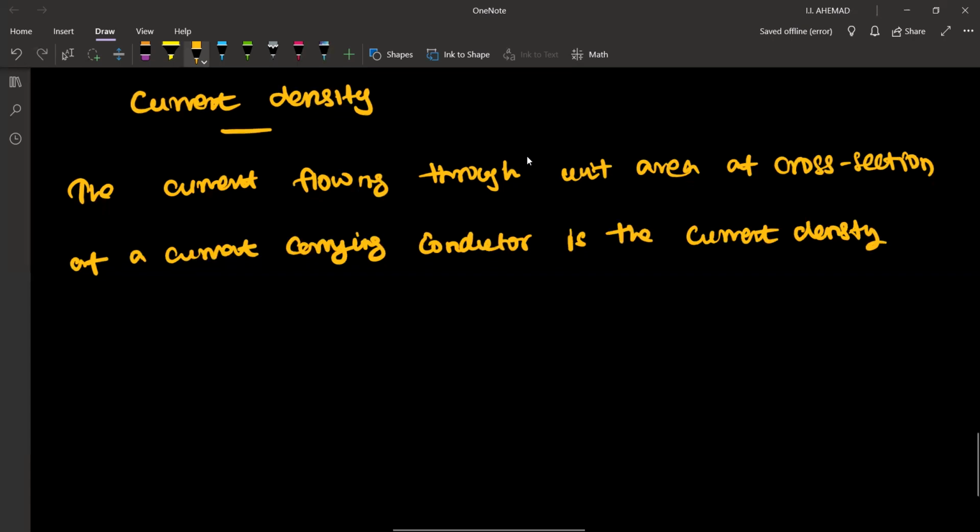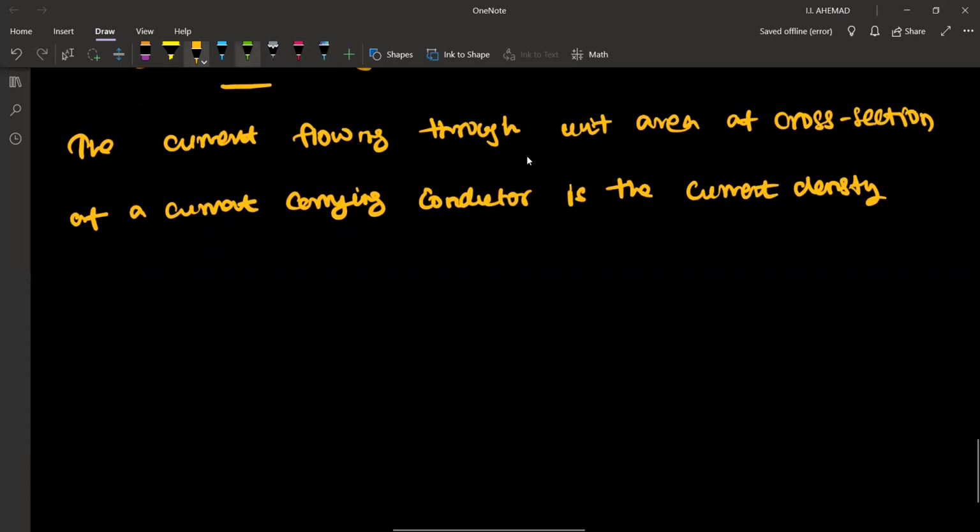So the equation is J is equal to I divided by A.